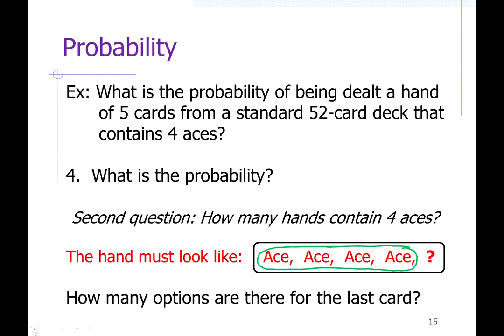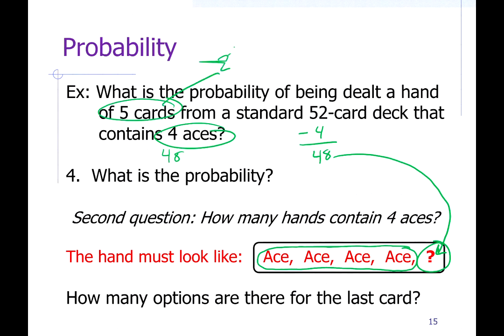Let's just go back one more slide. So we have 52 minus the 4 aces. That leaves us 48. And so there are 48 options for that last card. So there are 48 5-card hands that contain 4 aces. Now that we've counted the number of hands that contain 4 aces, that's 48, and we've counted the total number of 5-card hands, that's 2,598,960.